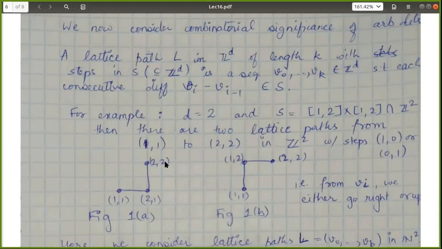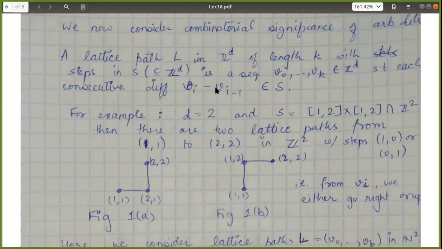Here I have drawn lattice paths from the point 1,1 to 2,2. These lattice paths I have drawn in Z2 with steps 1,0 or 0,1. So 1,0 means the difference is 1,0, and 0,1 means the difference is 0,1.